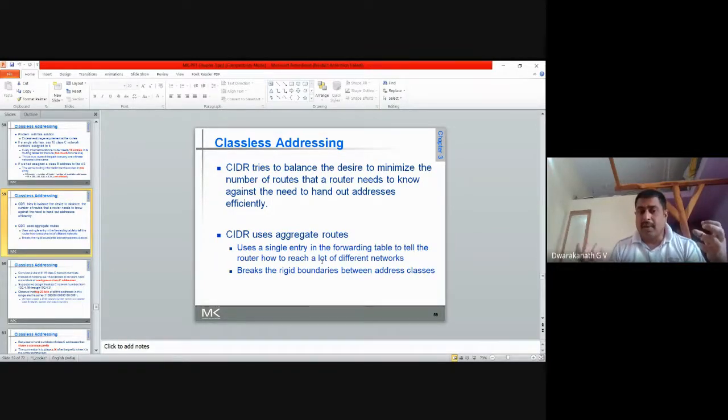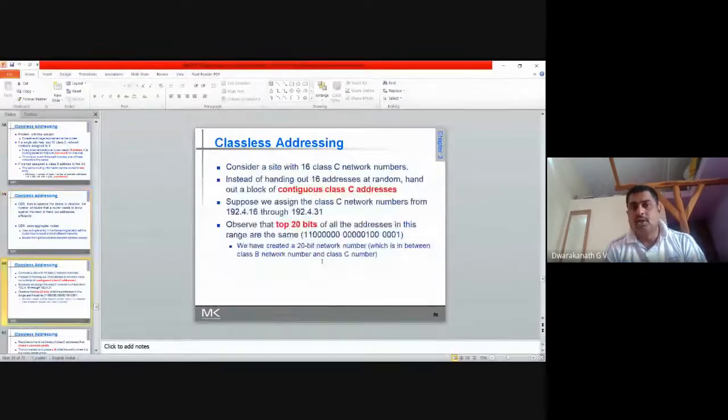But when you apply the CIDR concept, you can use the concept of autonomous systems, meaning you can combine the routes according to blocks: hostel separate, block C separate, block A separate, block B separate, where in turn different branches may be there. So how to do this particular concept? That is an important thing.